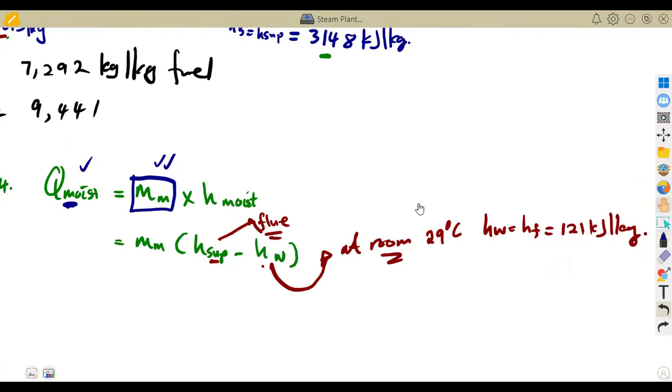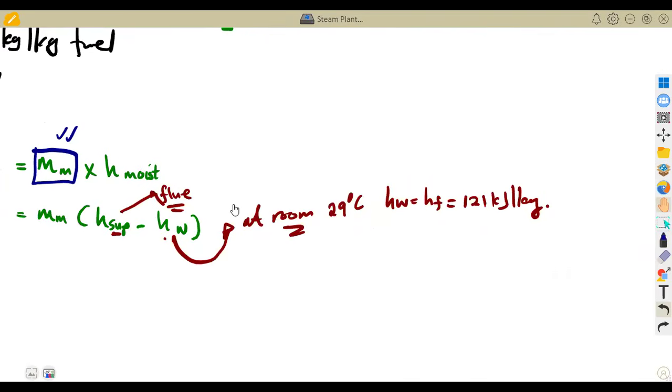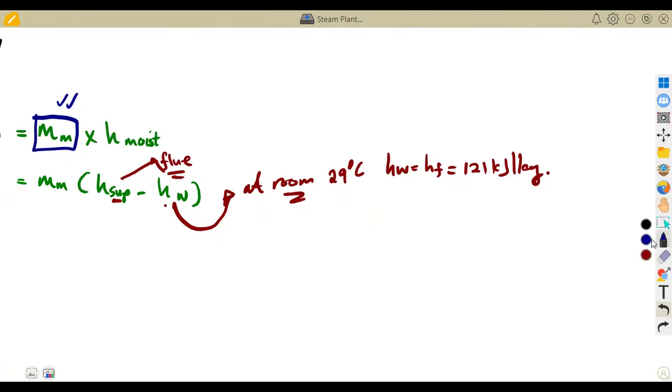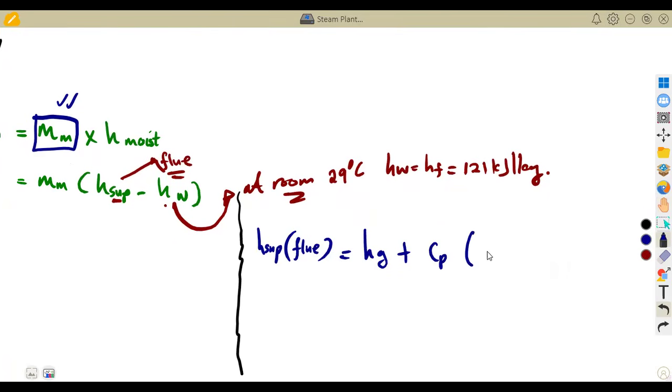So like I was saying, in order for us to have this, we have to calculate our H sup. So let us just have our calculation for H sup here. This is H sup for the flue gases. Because this is the steam in the flue, the moment you hear the steam in the flue gas, the formula is not going to change. H sup = Hg + Cp(T sup - Ts).